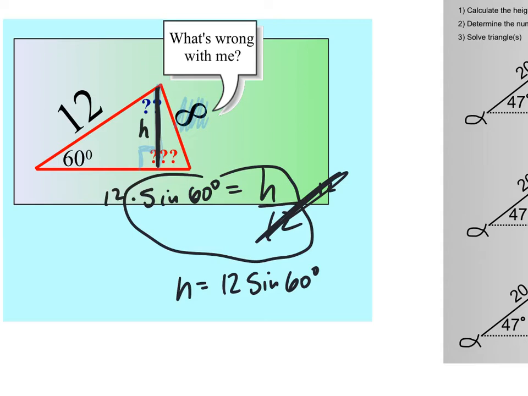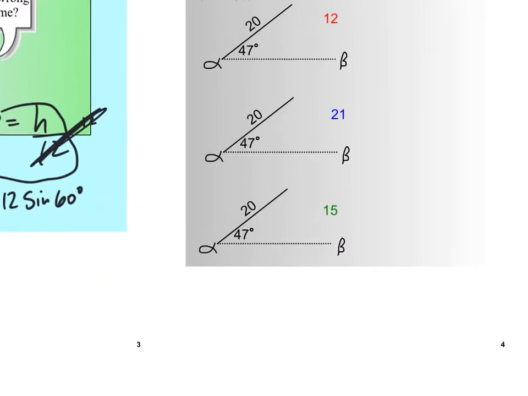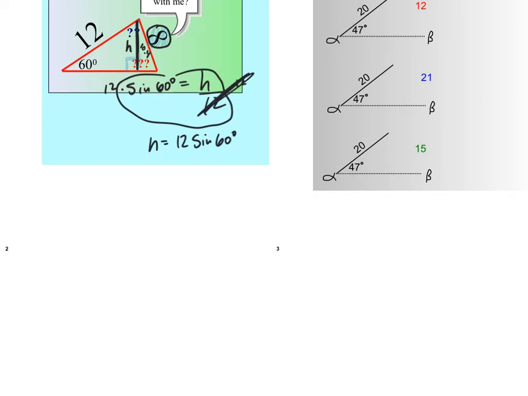If this side is actually 10.4, why wouldn't 8 have worked? Let's say it was like this, and this is 60.